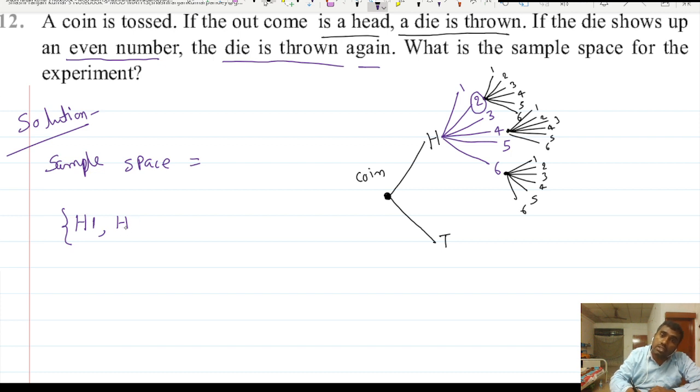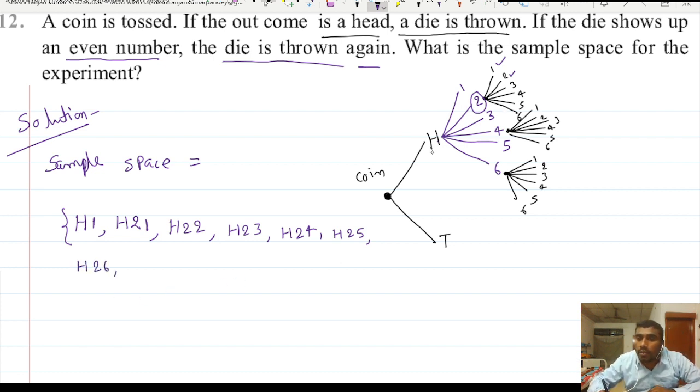So it may be H2 1, H2 2, H2 3, H2 4, H2 5, or H2 6.